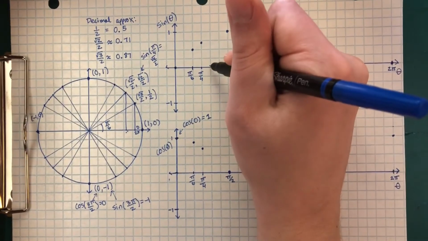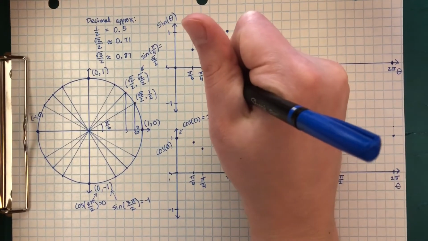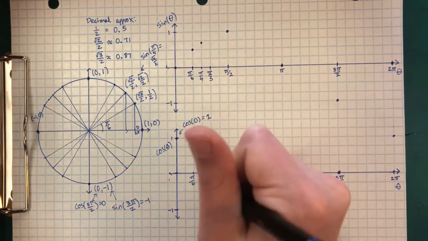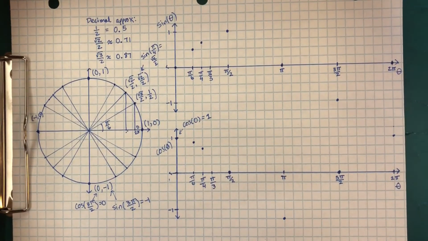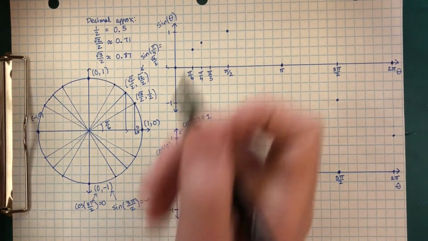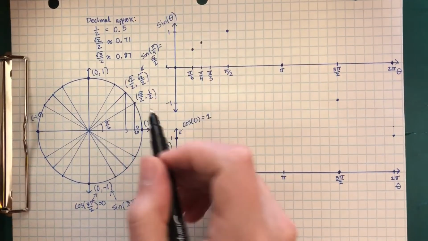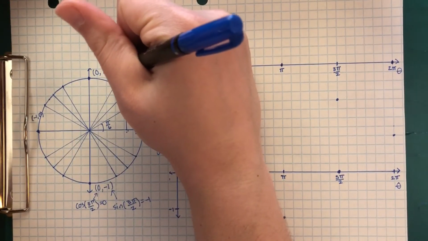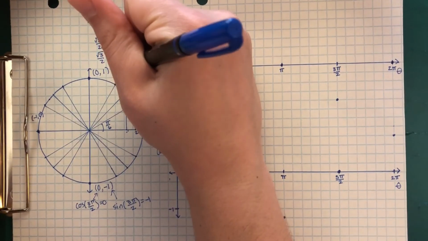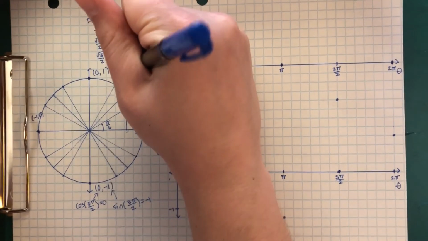So it's right here on the graph, pi over 3. The coordinates of this point are the same as this one, just flipped around. 1/2, square root 3 over 2.